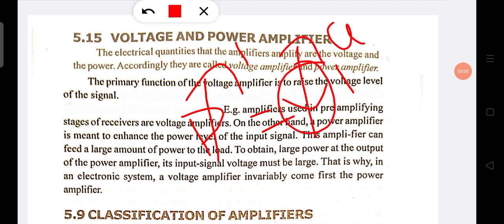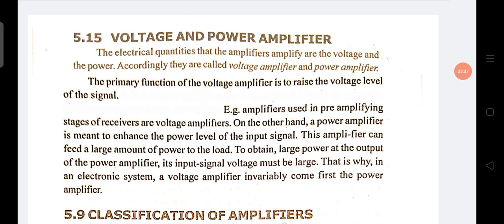If we want to get large power at the output of the power amplifier, the input signal voltage must be larger. That is why in an electronic system, a voltage amplifier invariably comes first before the power amplifier. So for a power amplifier, the first stage should be a voltage amplifier.